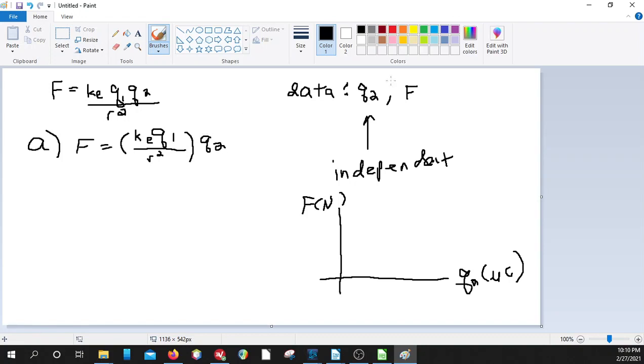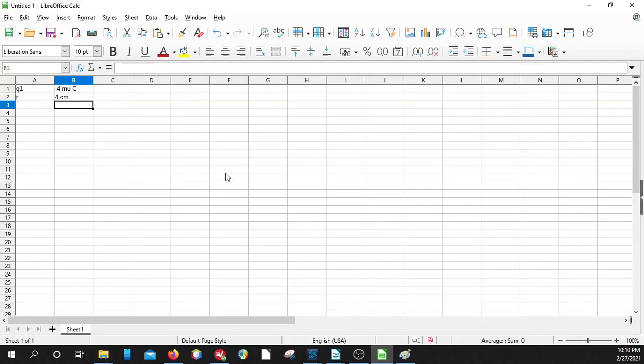Okay, so that's what we're going to do. Let's make a table of Q2 and force. Q2, we start at minus 10 microcoulombs, and we're going to increment one at a time.